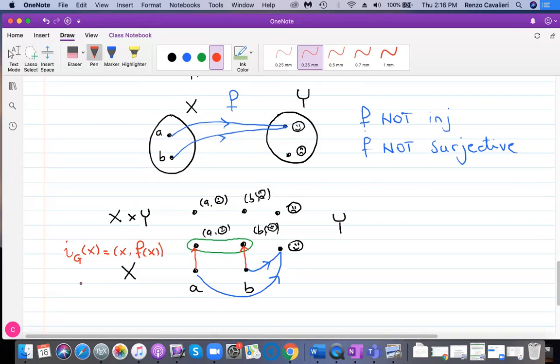And this function is always injective. Why? Because if x1 is different from x2, then the first entries of the pairs x1, f of x1 and x2, f of x2 are different, and therefore the pairs are different.